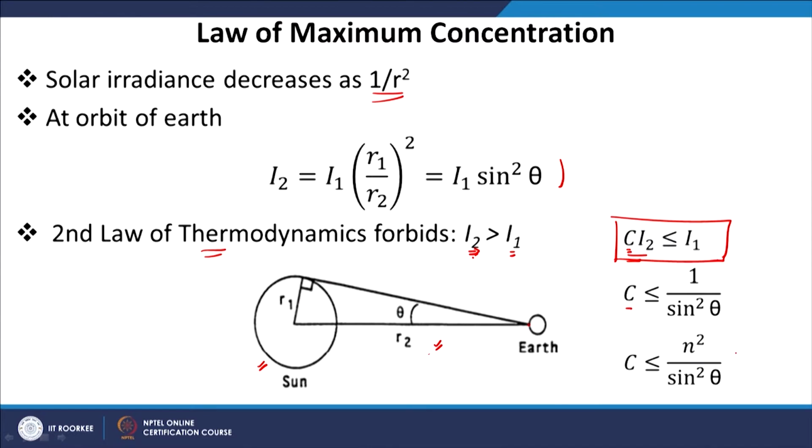If we have a medium with refractive index n, then C is less than or equal to n square upon sin square theta. So, this is the maximum concentration you can do. You can design any mirror, any lens, but you cannot increase the concentration beyond this factor. So, 1 upon sin square theta is the limit by which you can increase the concentration of solar radiation.